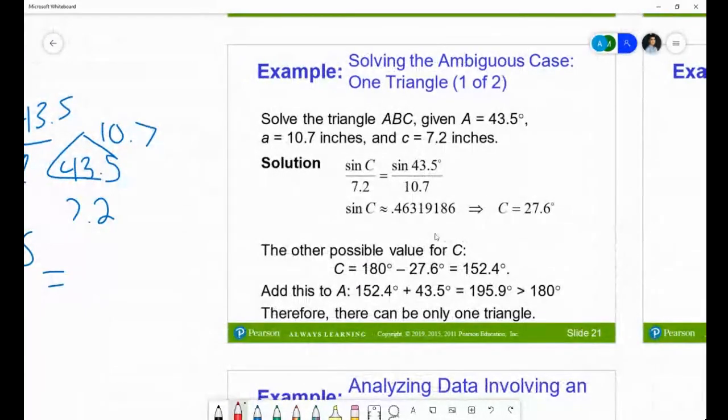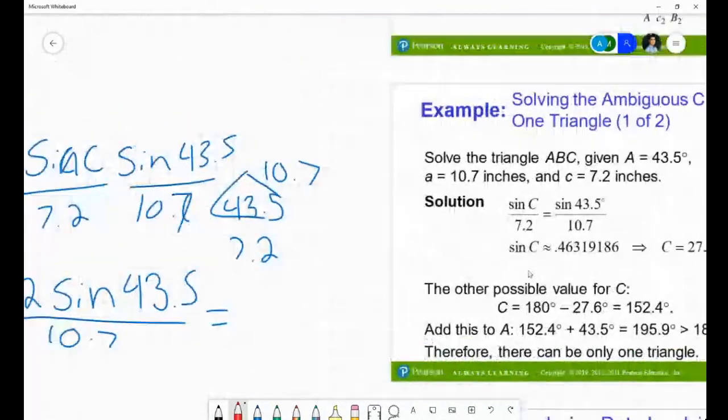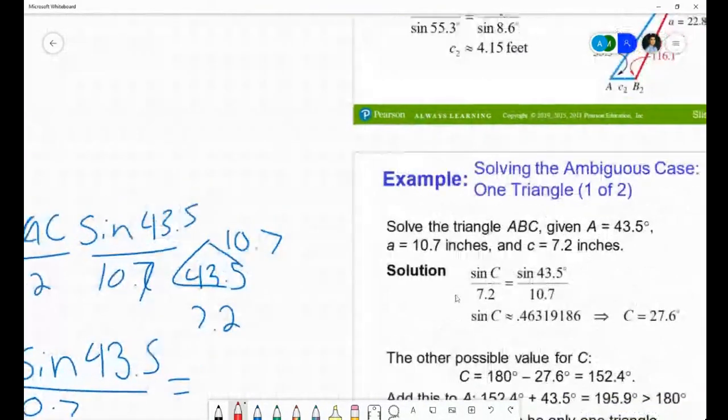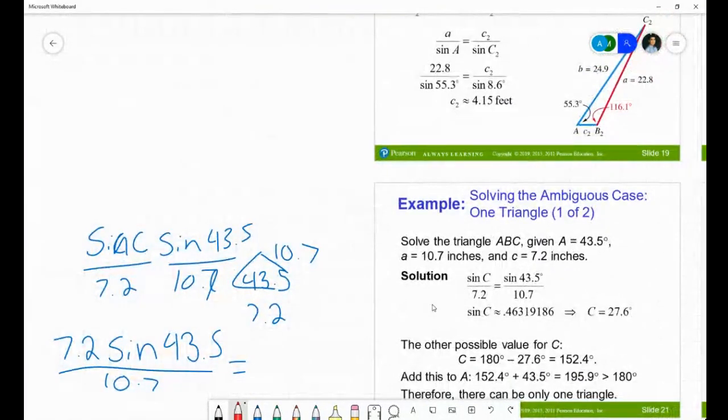Wait, then I'm confused. What are you confused of? Okay, so let's sketch this triangle, right? They're given A. So again, our angle is always going to go down here. So that's A, 43.5 degrees. That means that side A had to be here. So that's 10.7 inches.